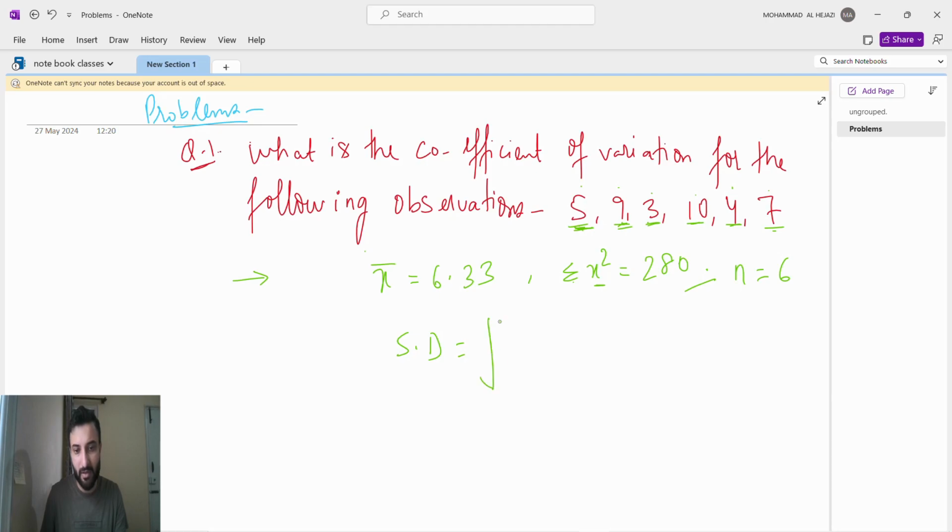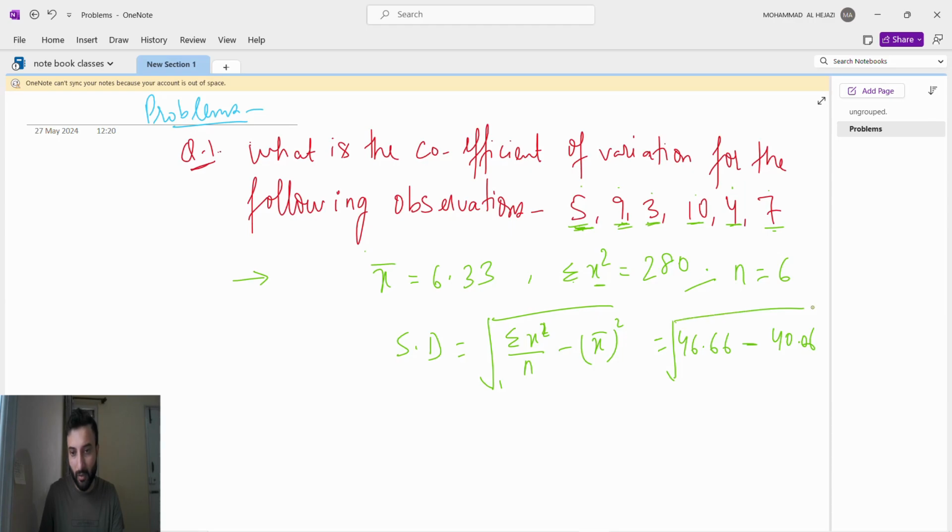We'll find the standard deviation. The standard deviation is the square root of summation of x square by n minus x bar whole square. Summation of x square is 280, divided by n which is 6, is 46.66. Minus x bar square: 6.33 into 6.33 is 40.06.